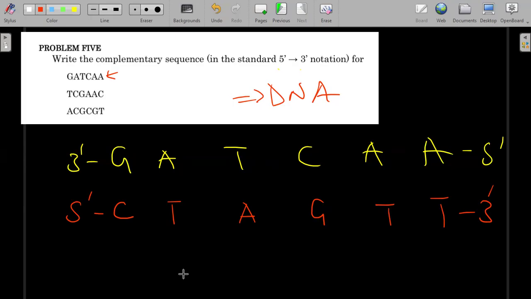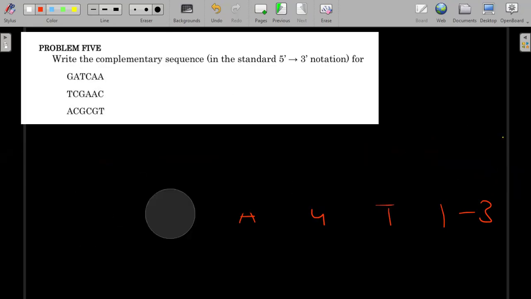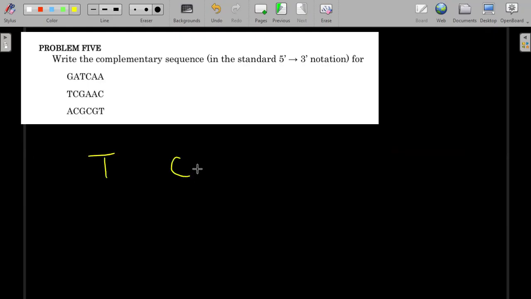Then from there, let's look at the other one. The other one is T, C, G, A, A, C. Let's draw complementary base pairs here.